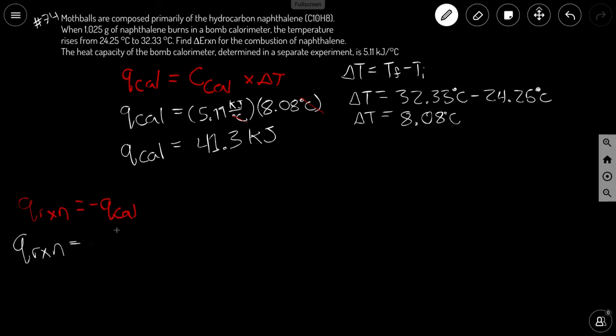So the heat of the reaction is going to be negative 41.3 kilojoules. And the reason why it's negative is because it's a combustion reaction. In combustion reactions, the heat of the reaction is always going to be negative because it's giving off heat.